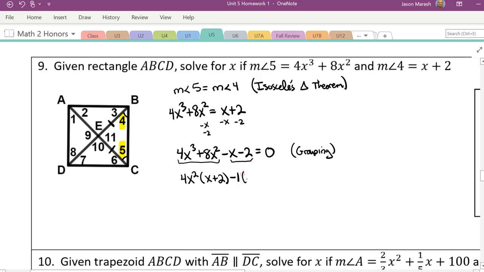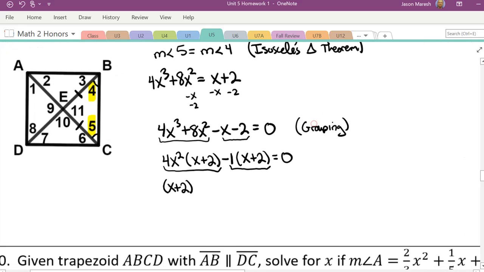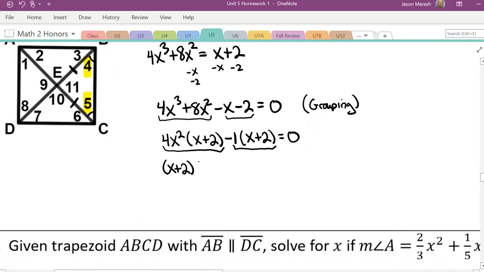You can always do that. And what remains is an x plus 2 again. Then both of these terms have a common factor of x plus 2, so I factor out the x plus 2. What remains is the 4x squared minus 1.